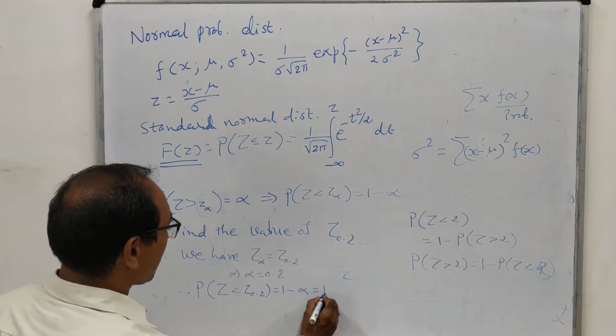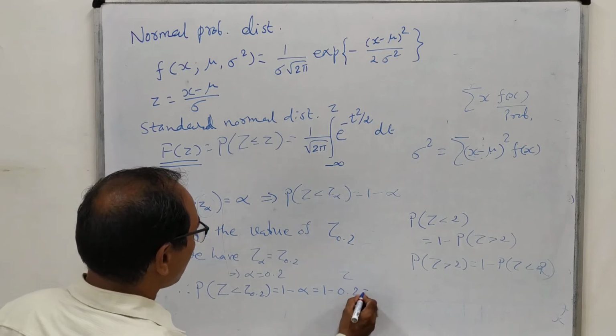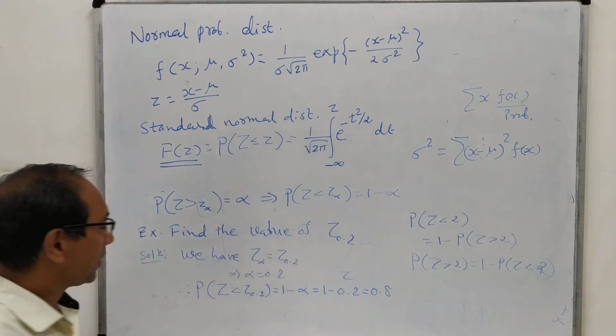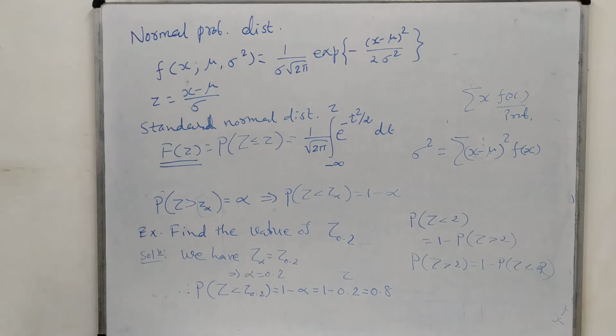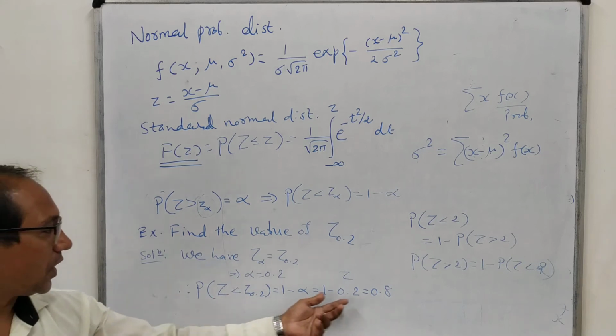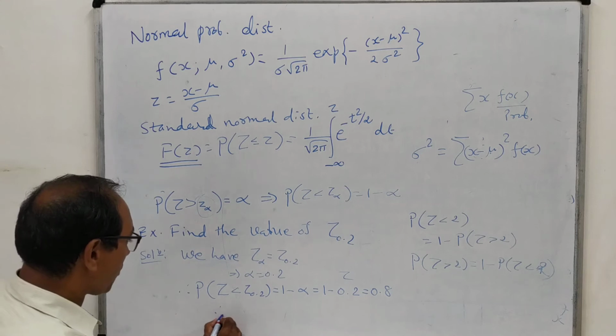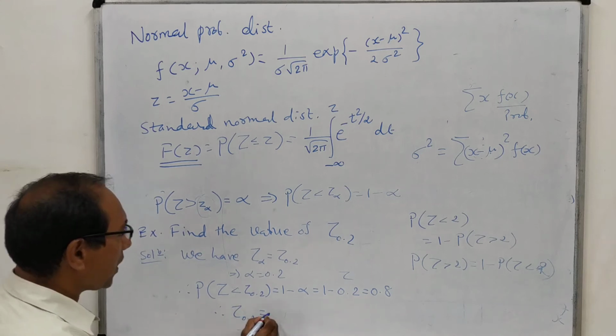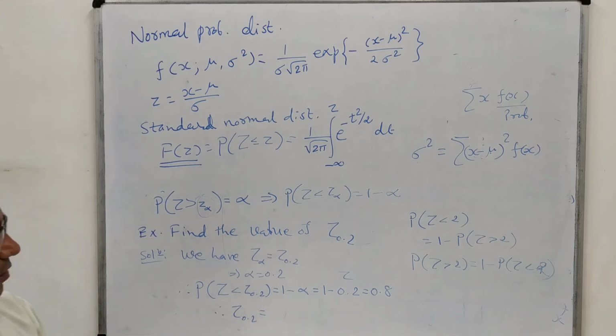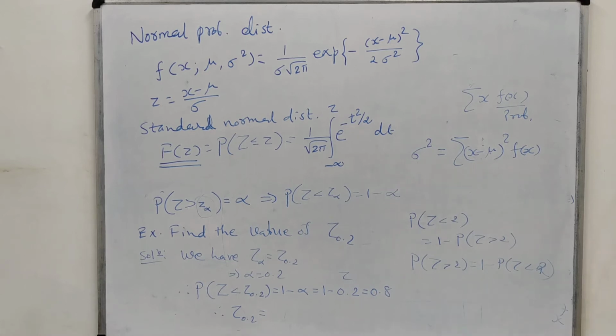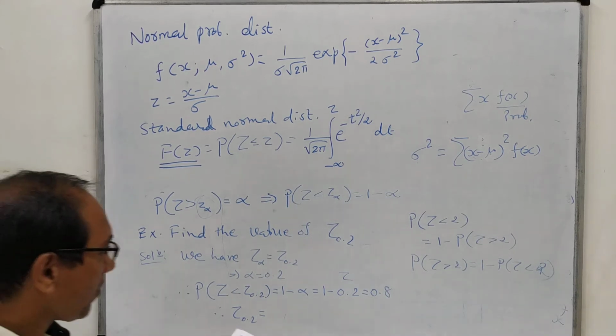So 1 minus alpha means 1 minus 0.2. So this is nothing but 0.8. So the probability for Z less than Z 0.2 is 0.8, and therefore to find out the value of Z 0.2, we will have to go to the table. Okay, we need to go to the table. So here in the table we will find out the probability.